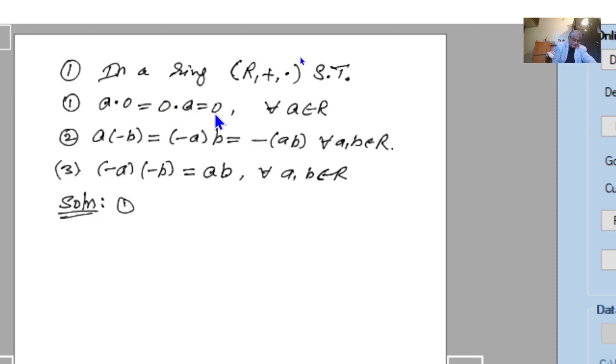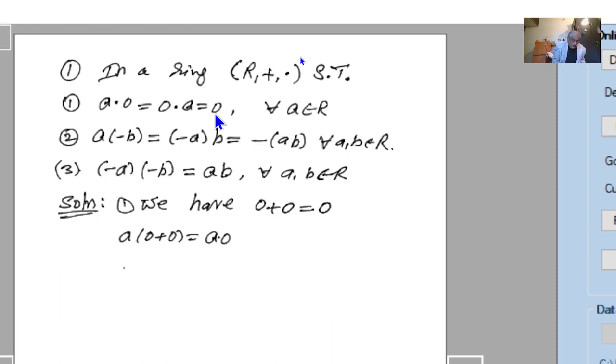So here, 0 is the identity with respect to addition. Therefore, we have 0 plus 0 is equal to 0 itself. Now, operating by A on both the sides on the left, we get A into (0 plus 0) is equal to A into 0.